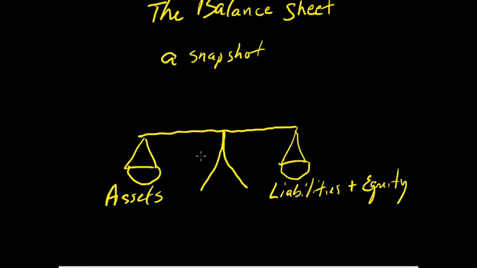And so another word for liabilities is debts. So we could also say just as easily debt plus equity. Okay? So those two things are always in balance on a balance sheet. And that brings us to the balance sheet equation, which we've just indicated, but I'll repeat it here so that you can make sure you write it down.